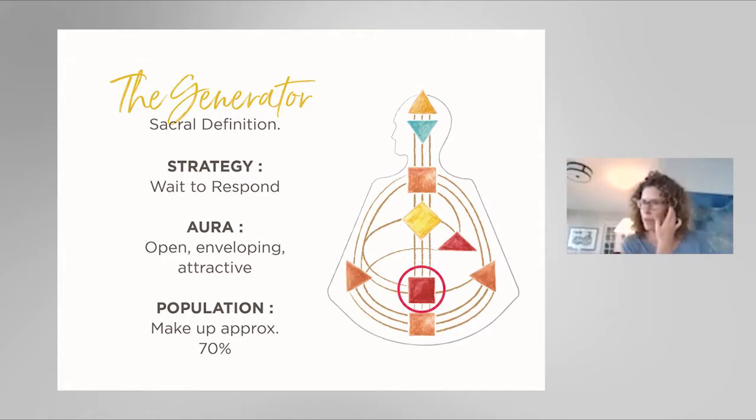Almost 7 out of 10 people are generators or manifesting generators, and they have this center defined. When a center is defined, all that means is that they have consistent access to that energy, and that center operates as a consistent aspect of who they are.